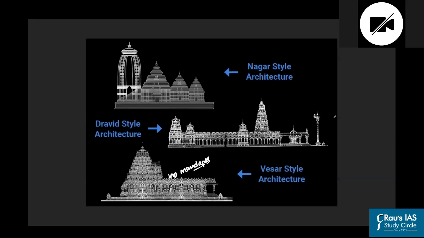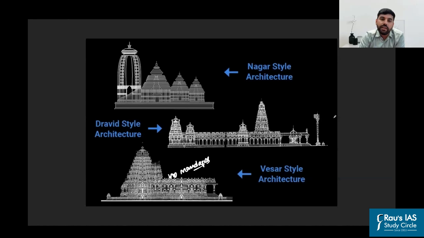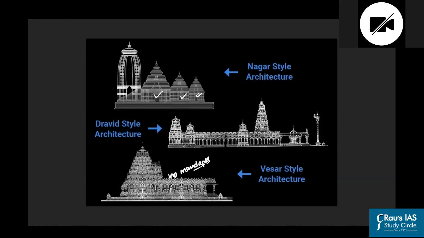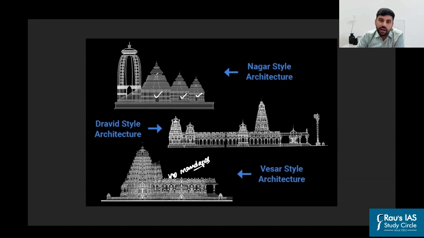Sir, what is mandapa? Mandapa is this. This area is Mandapa, where we go and sit. Sir, does it also have a roof, like a shikhar? Yes, obviously. The only difference is if Mandapa has this kind of raised structure, it is North India.